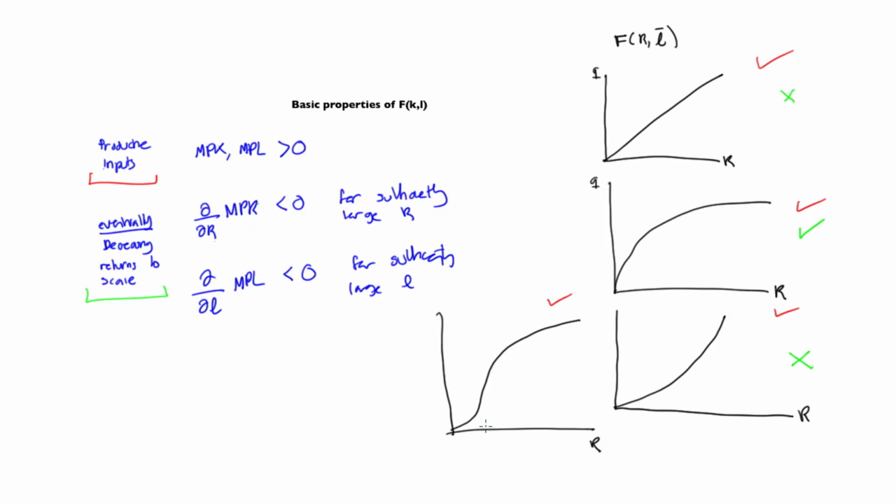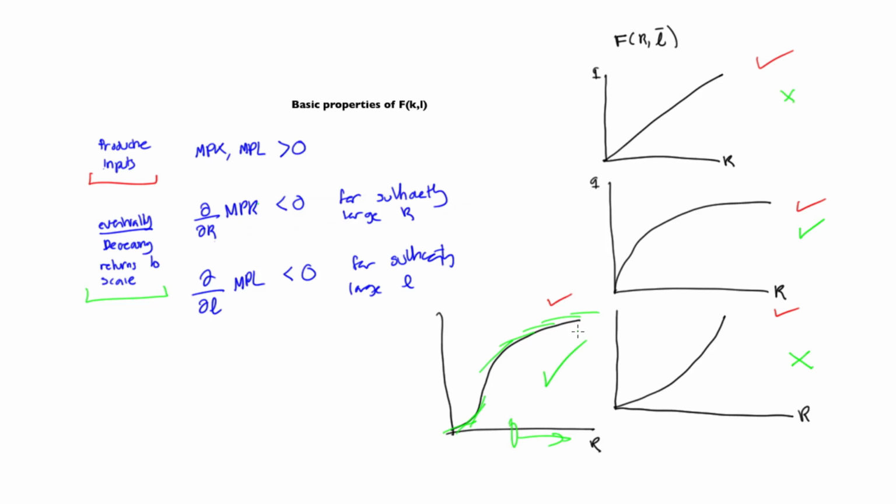What about this one? If you think about it, the marginal product of capital, which again is the slope here, is increasing for a while, keeps getting larger, but eventually when you reach a certain threshold, it starts going down and it always keeps going down. So it doesn't satisfy that this derivative is less than zero for the entire range of capital, but eventually it does. So this one satisfies it too.